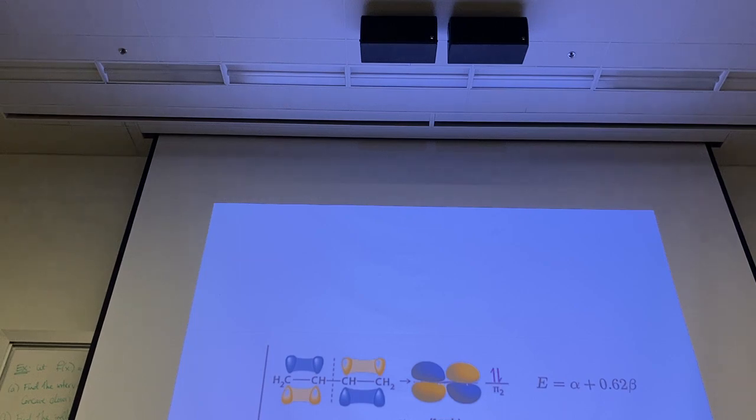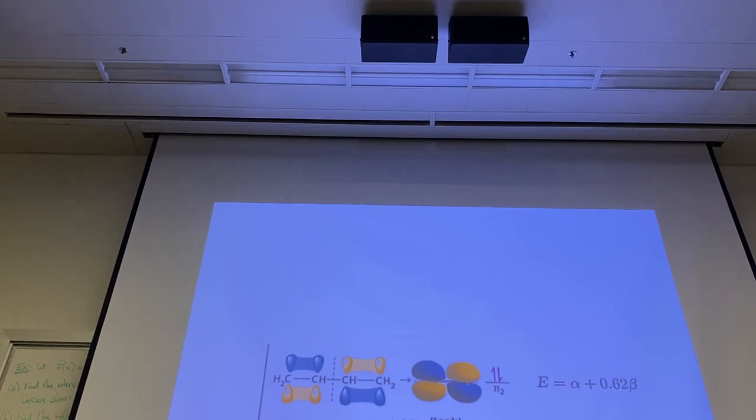Don't take this intrinsic node that the p orbital has as a nodal plane of the molecular orbital. It's not. This is not a nodal plane of the molecular orbital. That one is. Okay? The one that cuts straight through. That is the nodal plane of the molecular orbital. Every time you have an additional node in your orbital system, you increase its energy. It must be so. Because if you create a node, you create more curvature.